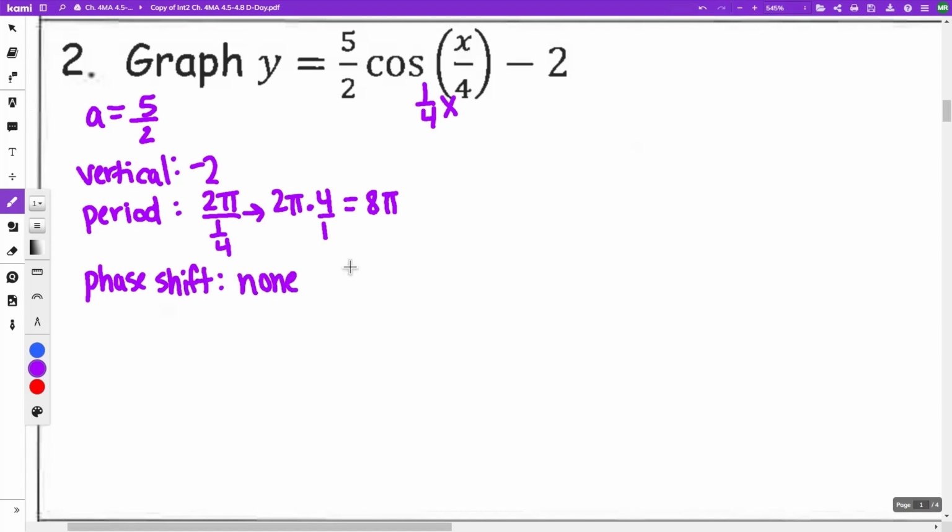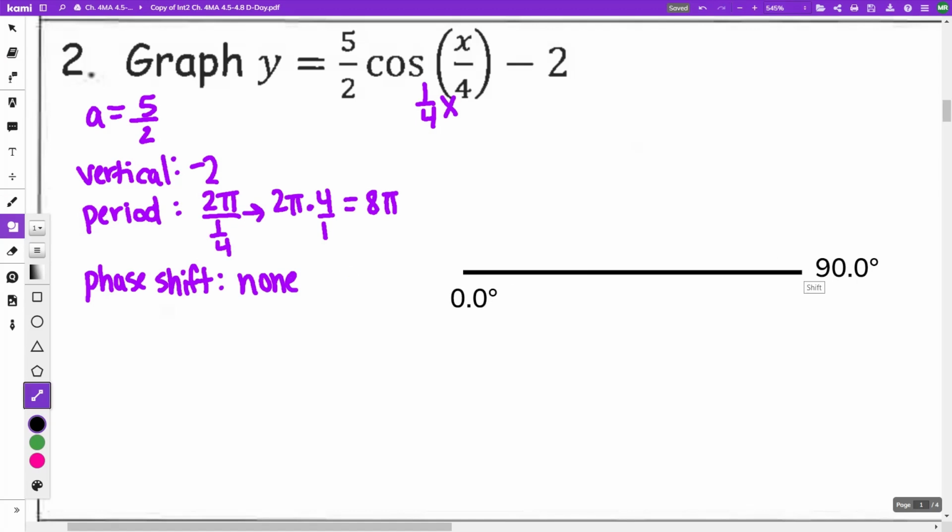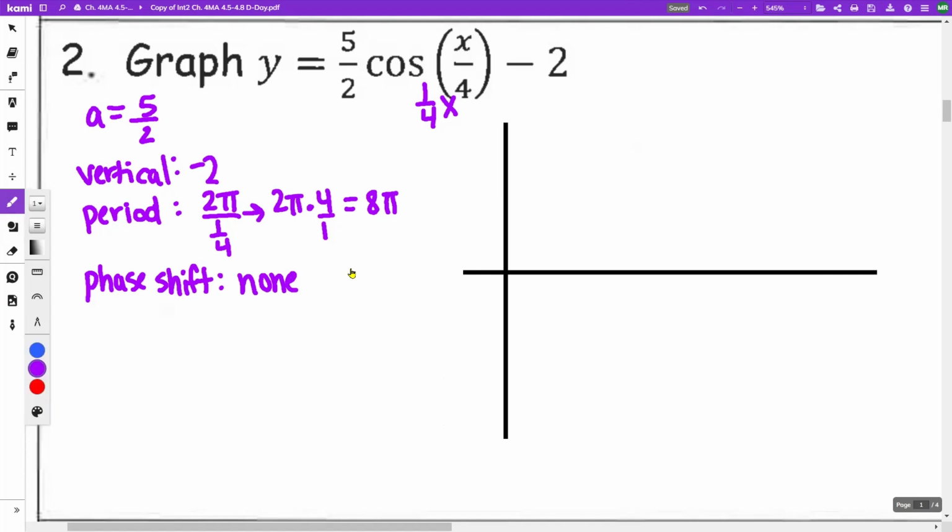So when I'm going to graph this, I'm just going to draw this. This is going to be -2. I am going to go 5/2, which is really 2.5, if you want to think about it that way.